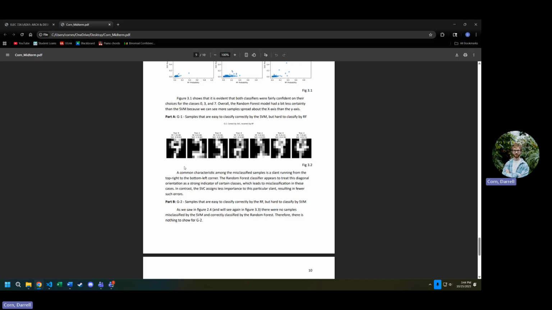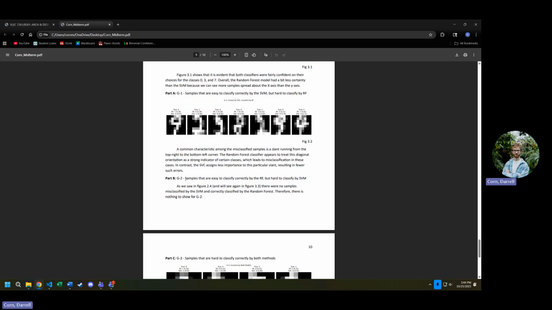It seems to me that these samples have a slant to them, running from the top right corner down to the bottom left corner. So I think that's starting to throw the random forest for a loop, where the support vector classifier may not be confusing those as much. That seems to be one pattern that I see here in group 1.